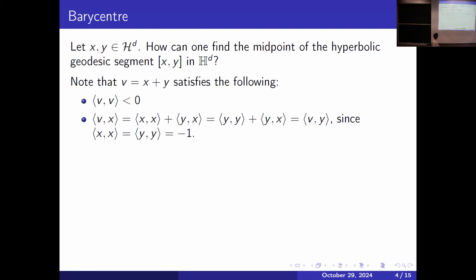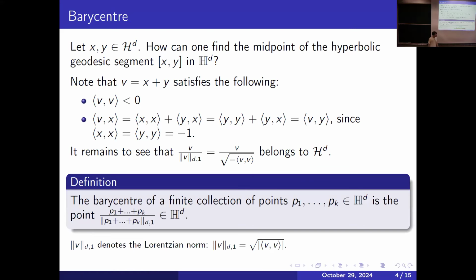So it remains to see that the vector v normalized by this Lorentzian norm belongs already to the hyperboloid model of the hyperbolic space. Definitely, I'm using here the fact that the hyperbolic cosine of the distance between two points is expressed via the Lorentzian scalar product. Okay.